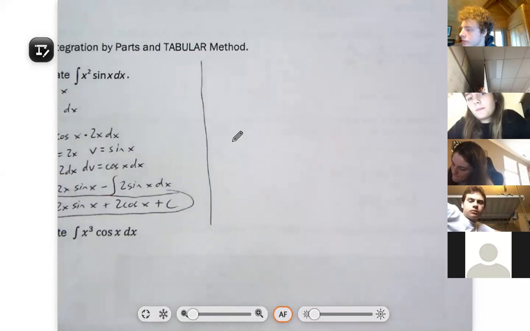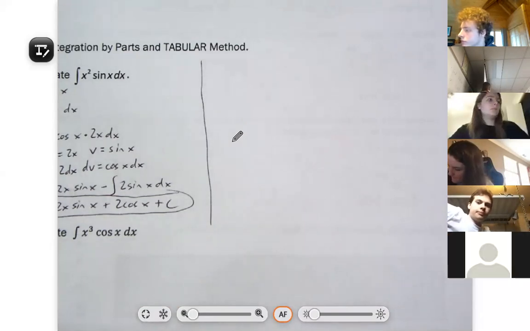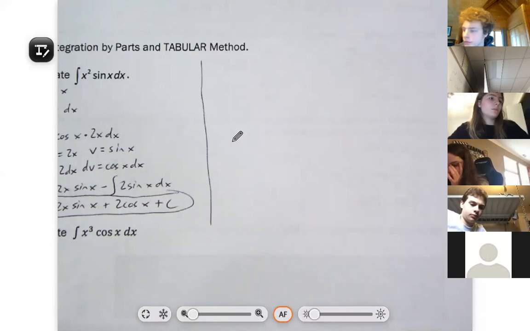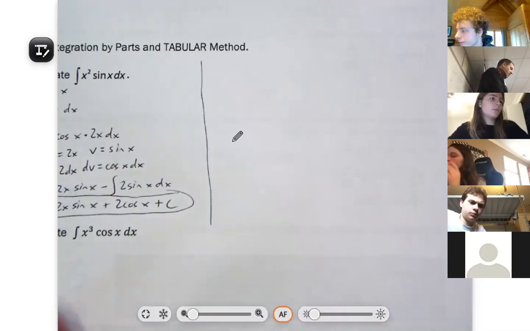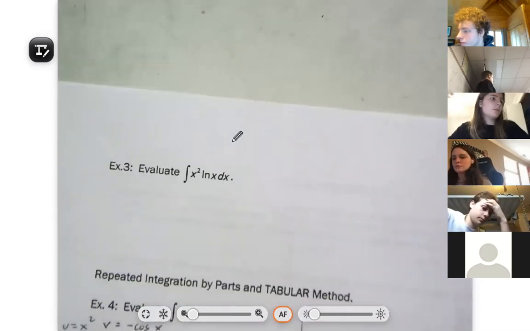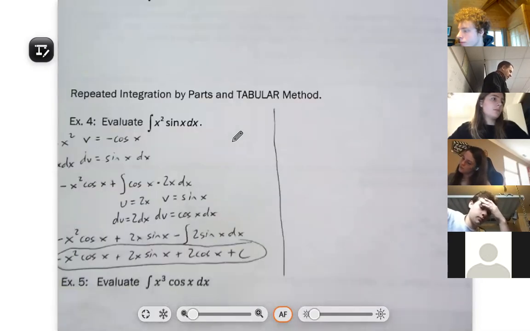This doesn't just work on all the problems. Typically I would do it if you have an algebraic component and the other component is trig or exponential. I wouldn't do it when there's a log piece, like I would not have done this on example 3 with that natural log.